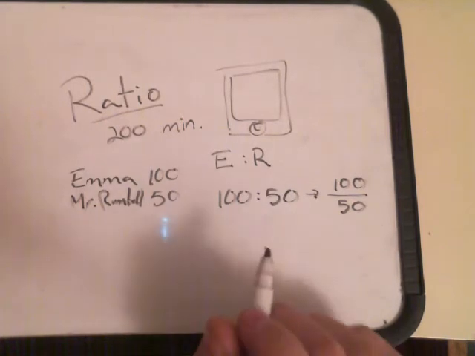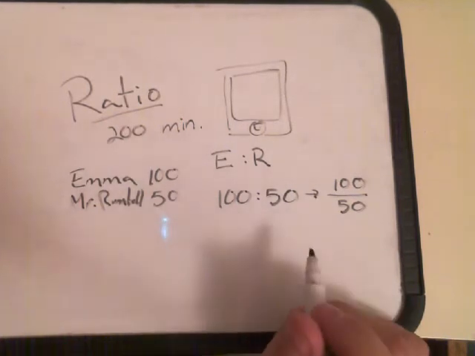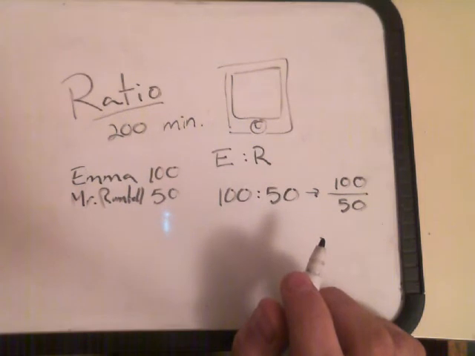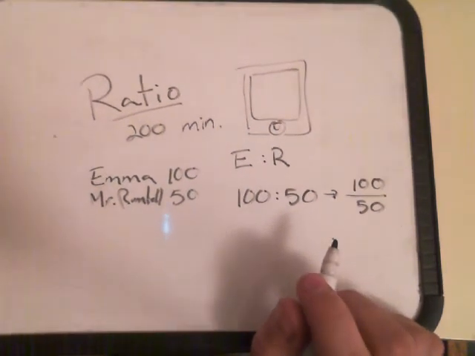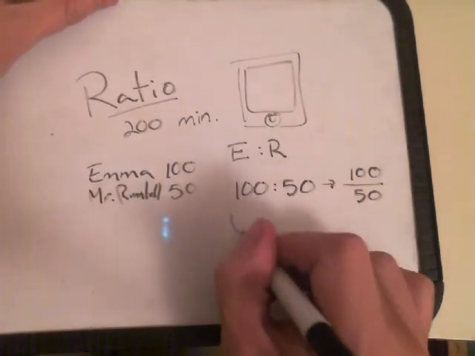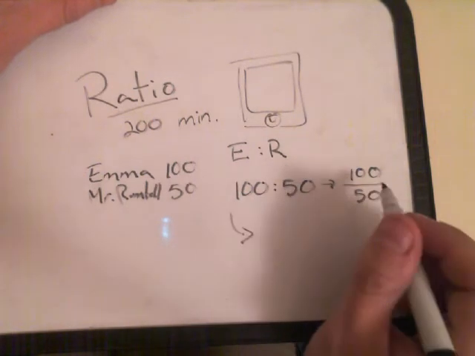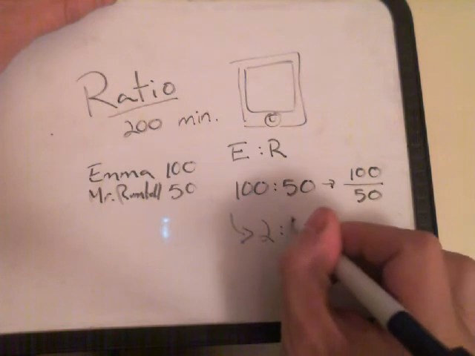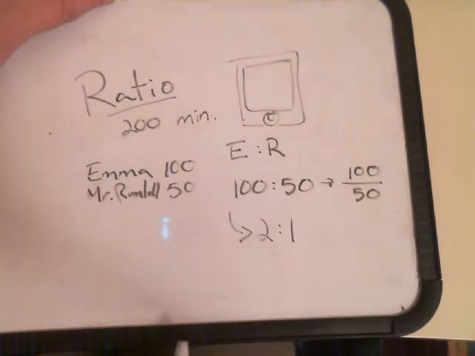So that's useful, but what if I wanted to simplify this a bit? Because 100 to 50 doesn't really express the relationship as powerfully as I might want to, right? As simply as I might want to. So, just like any other fraction, I could actually simplify this. Now, you might already be able to tell that this is going to be a 2 to 1 ratio, right?